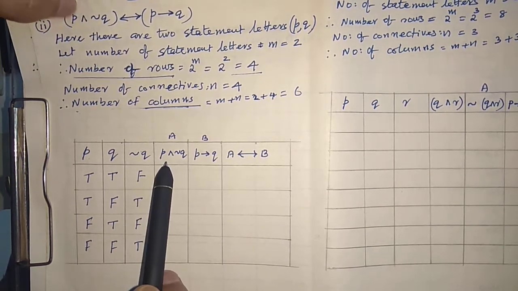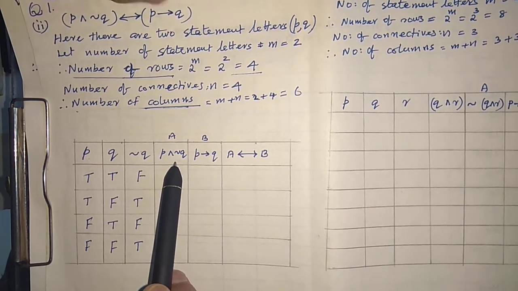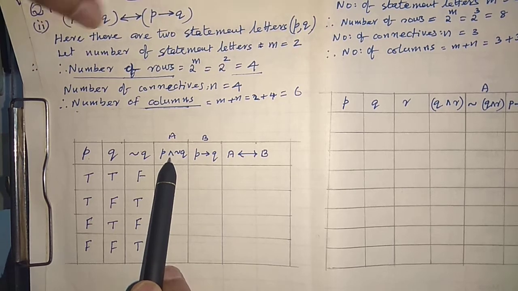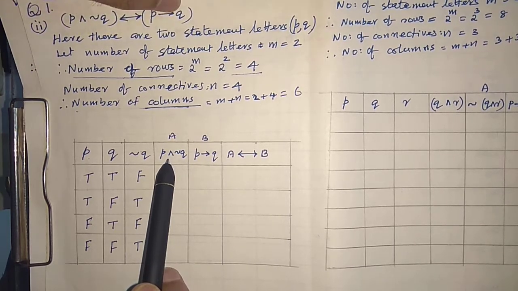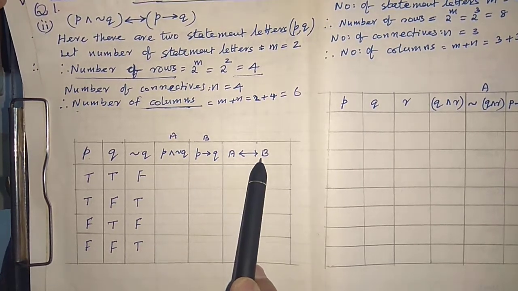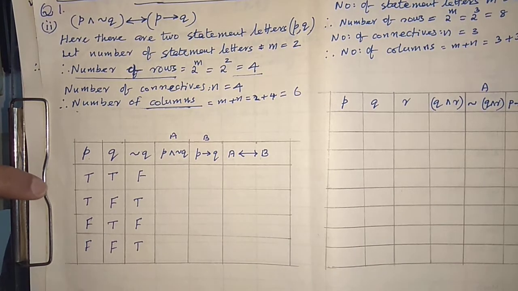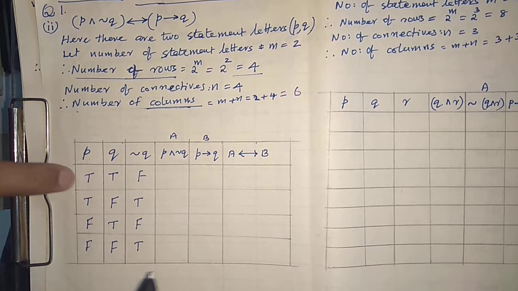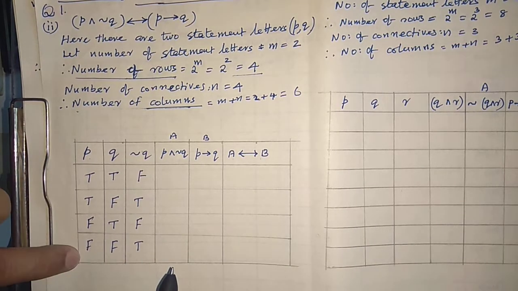Now the first statement, P conjunction negation Q, then P implies Q. Suppose this is A and this is B, so A double implies B. Now here I just start. For the two statement letters there are 4 outcomes.